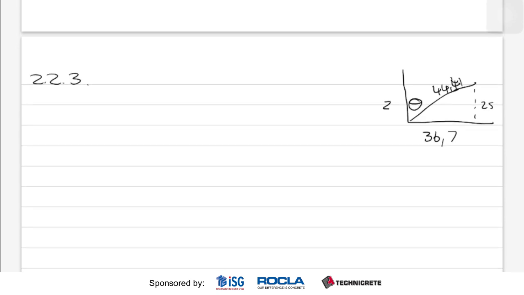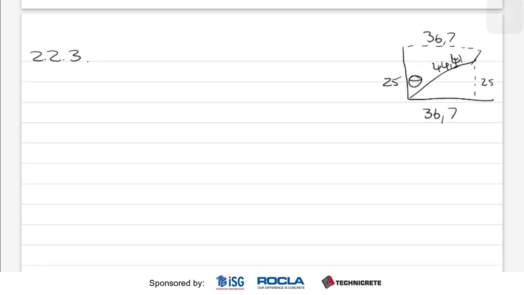You can also write it's the same as 25 here and 36,7 here. So there are various ways you can do this. You can use this triangle using this value and this value, or this value and this value. It just depends on which trigonometric function you use. So let's choose to use sine.